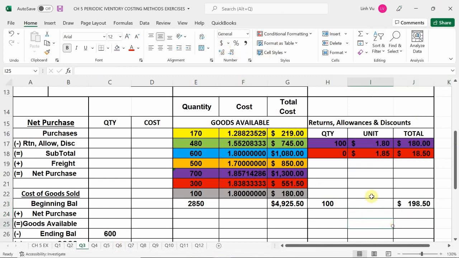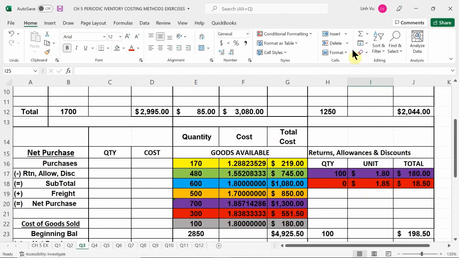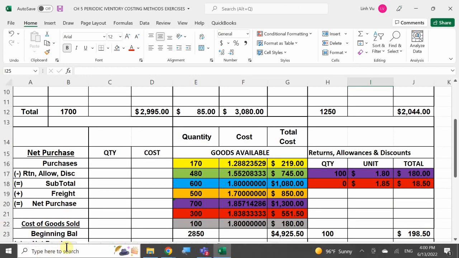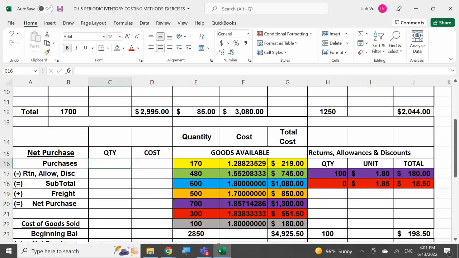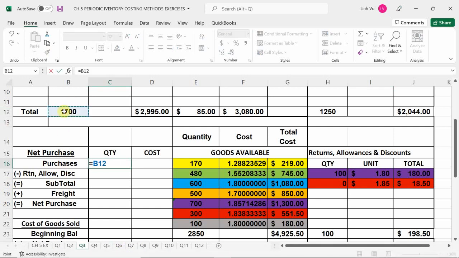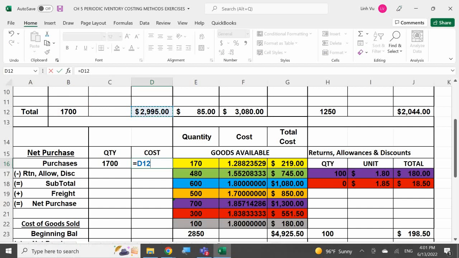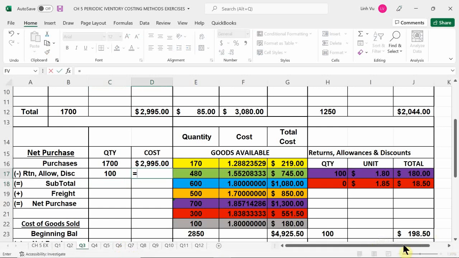Okay. So now that I solved all my numbers, let's go ahead and plug it into our inventory worksheet right here at the bottom left corner. So purchases, I purchased a total of 1,700 units at a total cost of $2,995. I made a refund of 100 units at a total of $198.50. So again, these numbers you subtract because a return decreases your purchases.